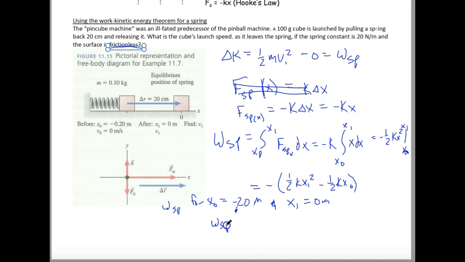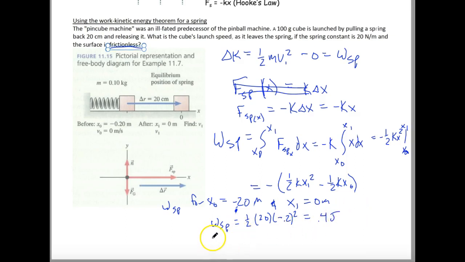So the work of the spring is equal to 1/2 of the k value, which is 20, times our x, which is negative 0.2 meters squared, and we don't have any value for the other term because it is 0, so that is equal to 0.4 joules.